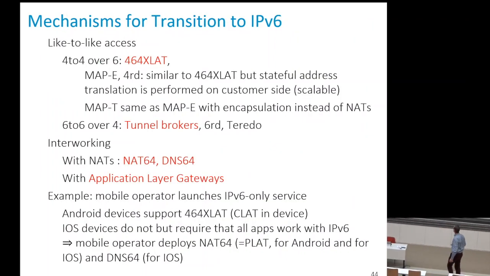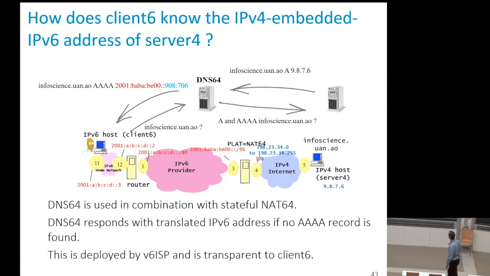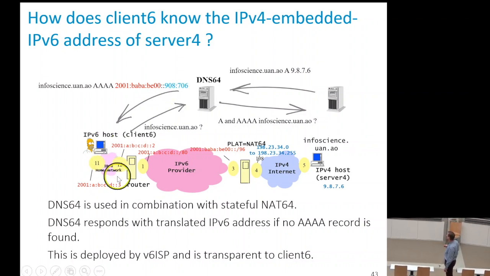It will translate this address for you by simply adding the prefix. The translation is simple, it's completely algorithmic. You add the last 32 bits to the prefix, so this guy will now know the address, and then you can connect to this, which by routing in the internet will lead you to this prefix.